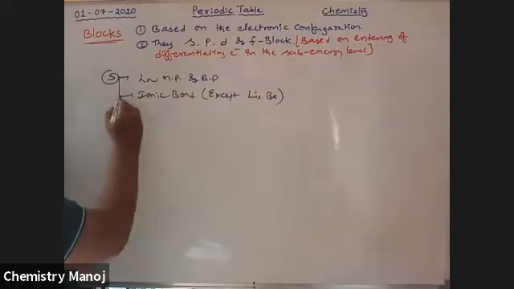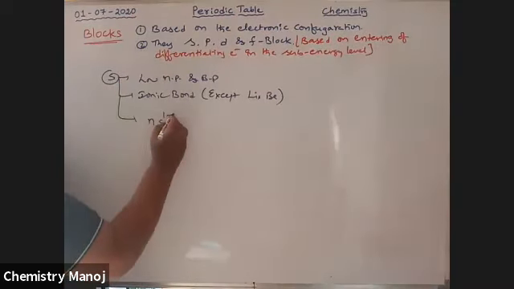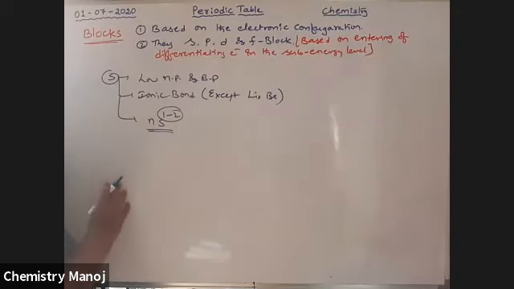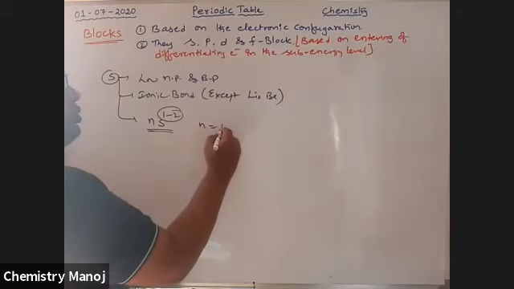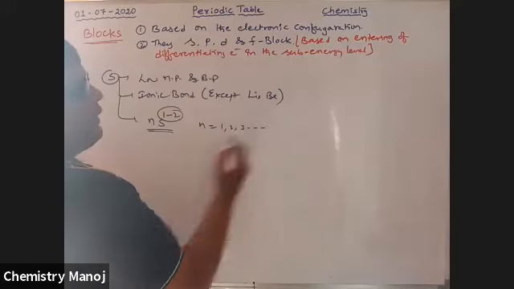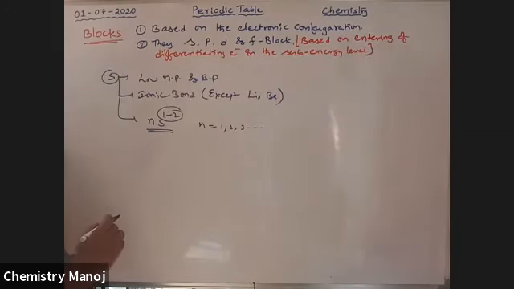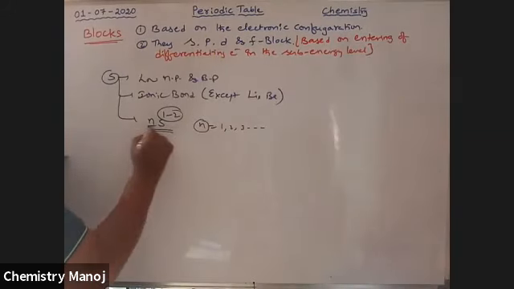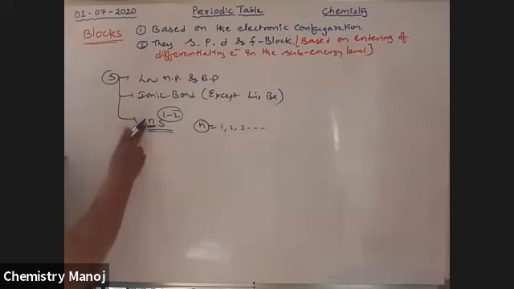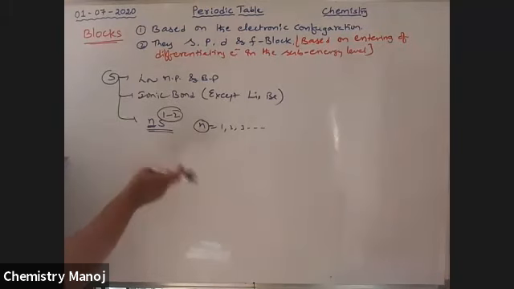The general outermost electronic configuration is ns1-2. Here n is equal to 1, 2, 3, etc. It is nothing but the principal quantum number. For hydrogen, n is equal to 1. For helium and lithium, n is equal to 2. For sodium, n is equal to 3.